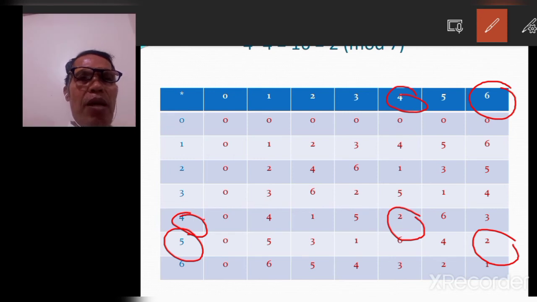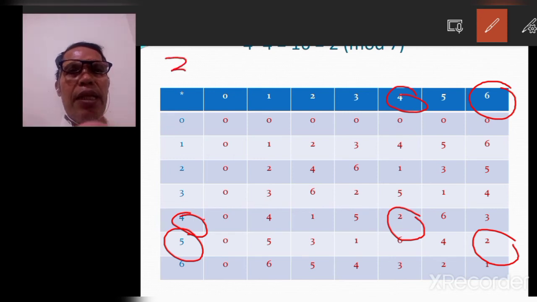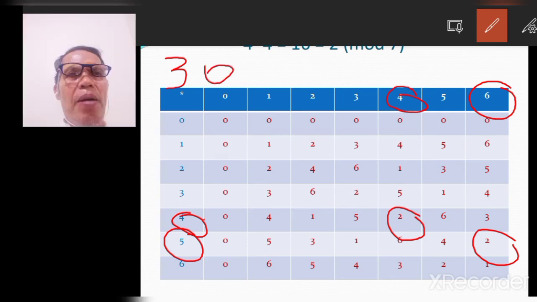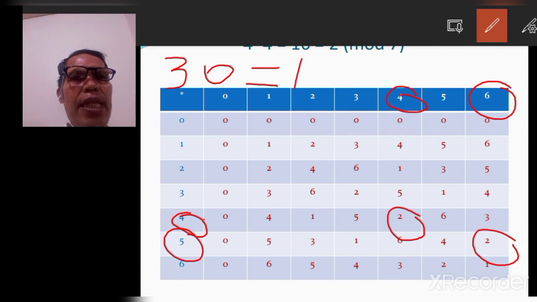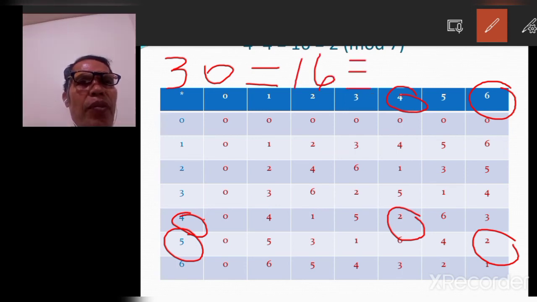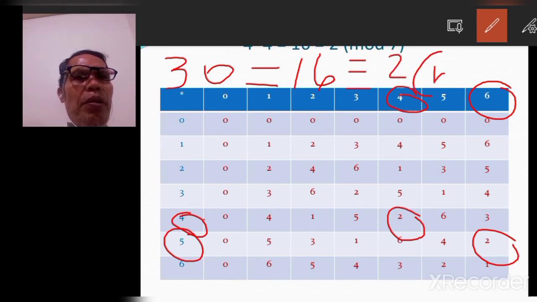So 5 times 6, which is 30, must be equal to 4 times 4, which is 16, congruent to 2 modulo 7.